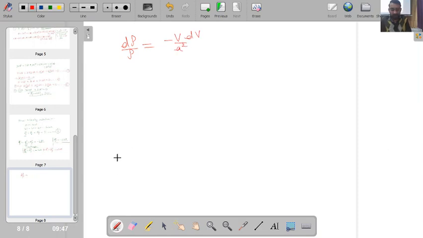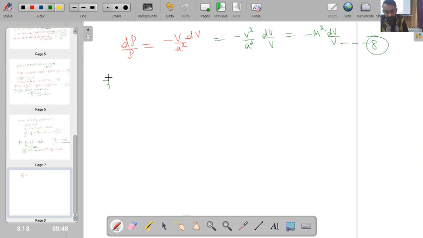Now I will multiply and divide the right hand side by v. This becomes minus v square by a square into dv by v, which is minus Mach number square into dv by v. Say this is my equation number 8.